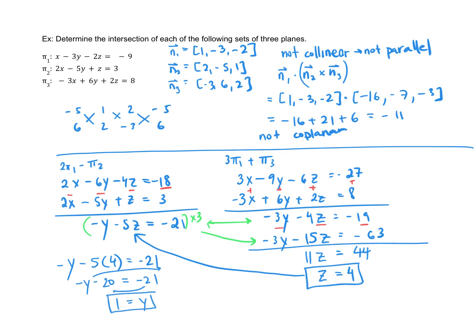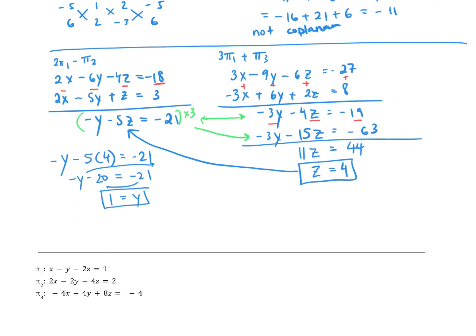So y is 1. And now I'll take y is 1 and z equals 4, and I'm going to plug it into plane 1 to solve for x. So we're going to have x minus 3 times 1 minus 2 times 4 equals negative 9. So that's negative 3 minus 8, and bring that over.